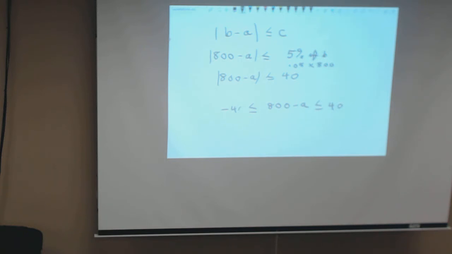Remember that process, how we get rid of the absolute value sign? So then I have minus 800, and that's negative 840, is less than or equal to negative A, less than or equal to minus 800. What would that be? Negative 760?